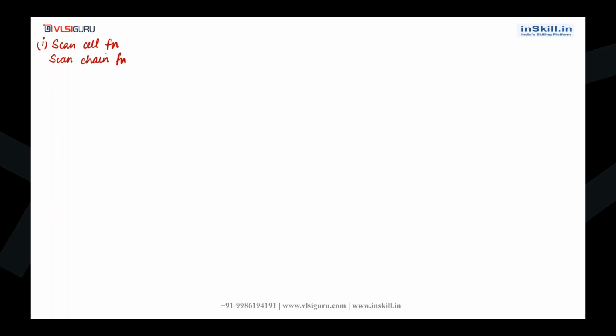Then we will cover the need of scan insertion, that is, in order to easily control and observe our circuit. As I told, we will once again revisit the same counter example in our course.